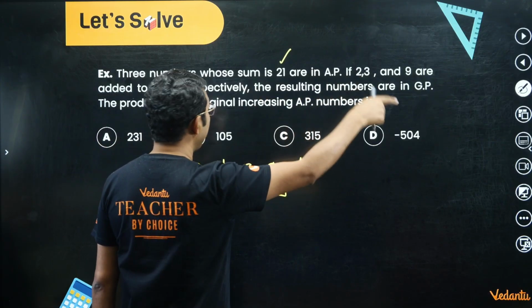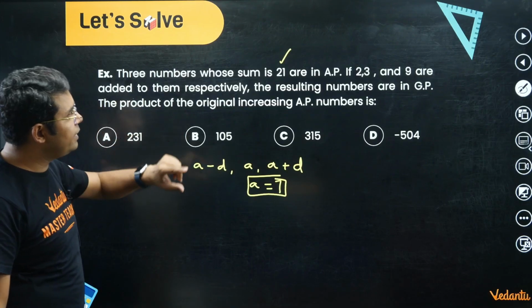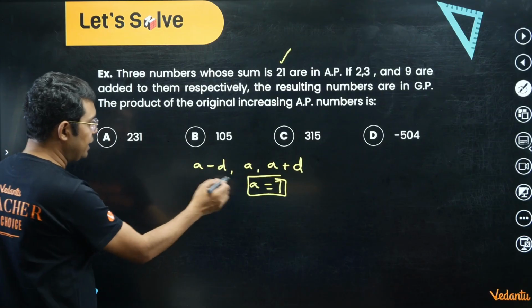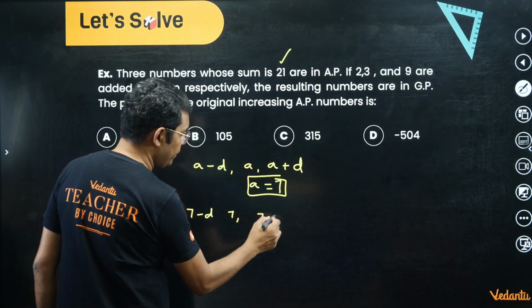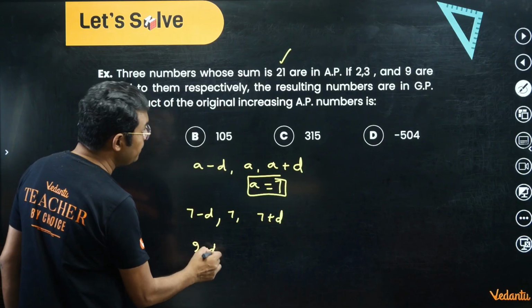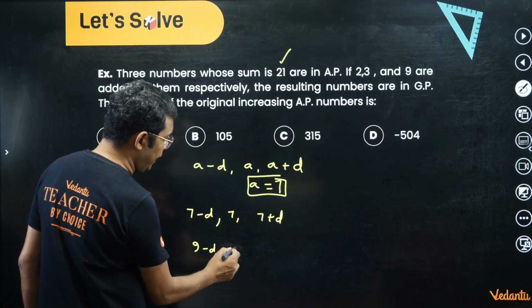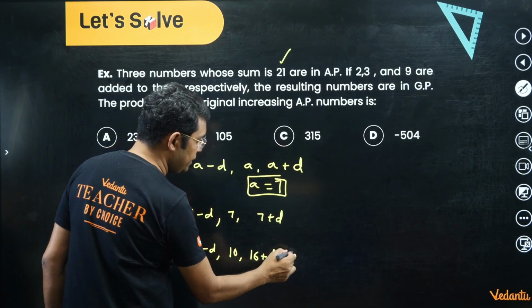Now 2, 3 and 9 are added to these terms respectively, then resulting numbers are in GP. So 7 minus d, 7 and 7 plus d. I am adding 2 here, so it will be 9 minus d. I am adding 3 here, so it will be 10. I am adding 9 here, so it will be 16 plus d, and this is GP.